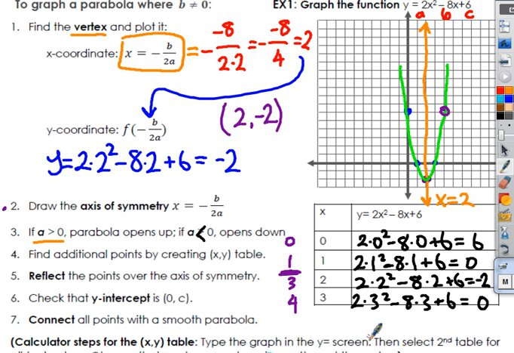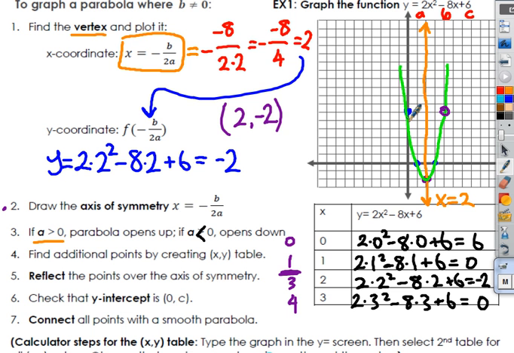We would go 2 units below the vertex and 2 units above the vertex and find the corresponding y values that way, which will give us 4 solid points to graph our parabola. Including the vertex, we would have 5 points, which would be enough points to graph an accurate parabola.